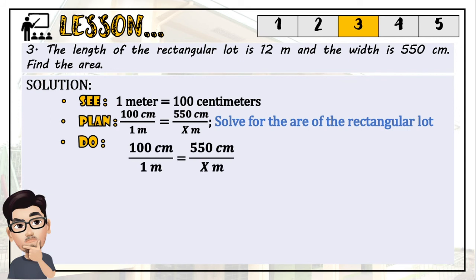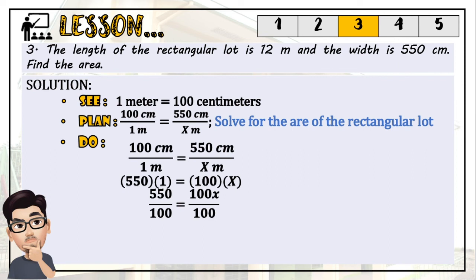100 centimeters divided by 1 meter equals 550 centimeters over x meters, which is the missing link. Now we will cross multiply them and we will arrive at 550 times 1 equals 100 times x. Then solving them, we have 550 and 100x.